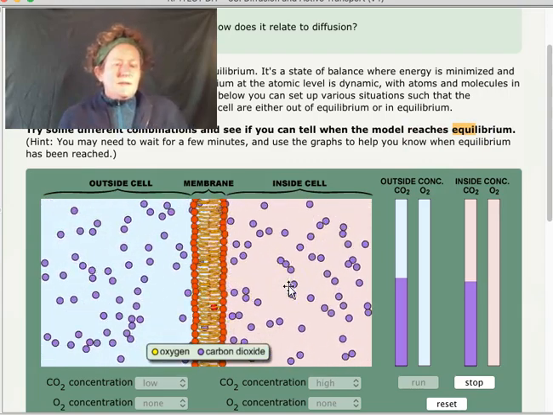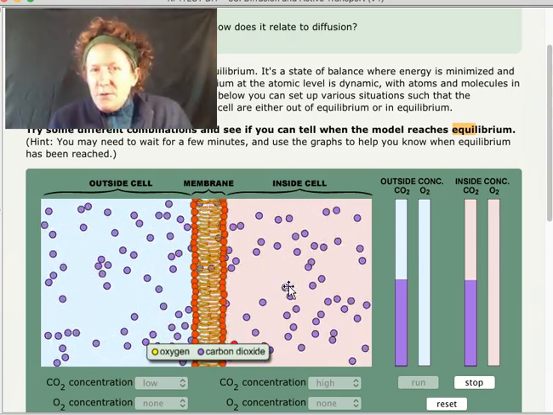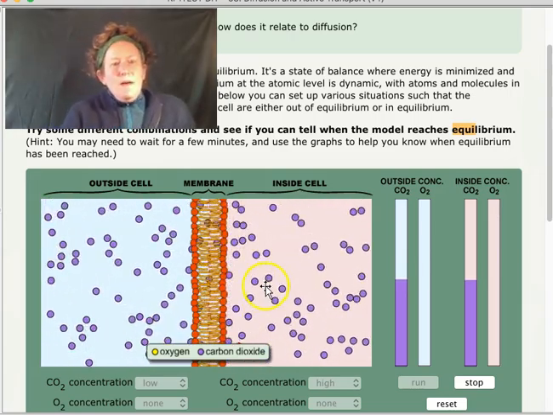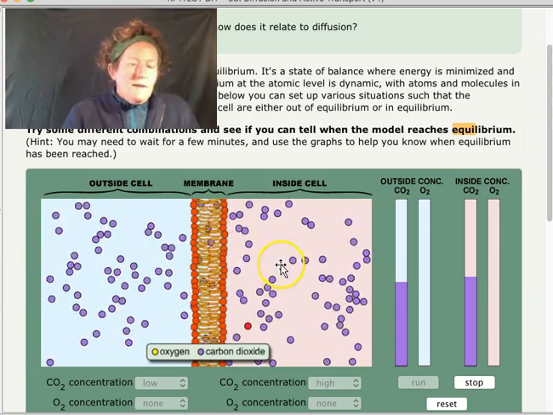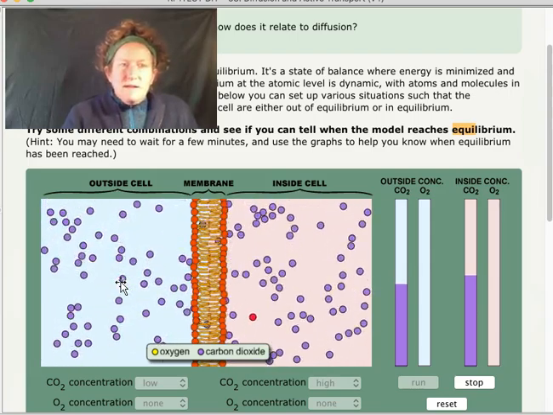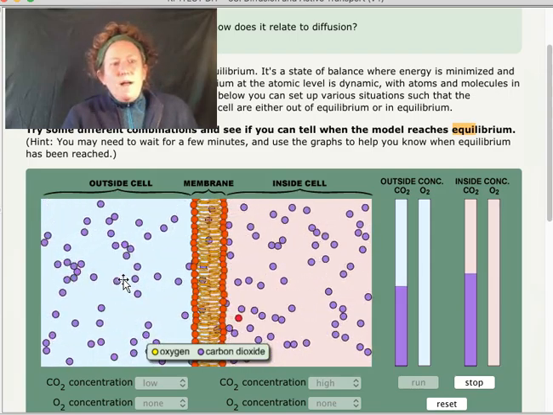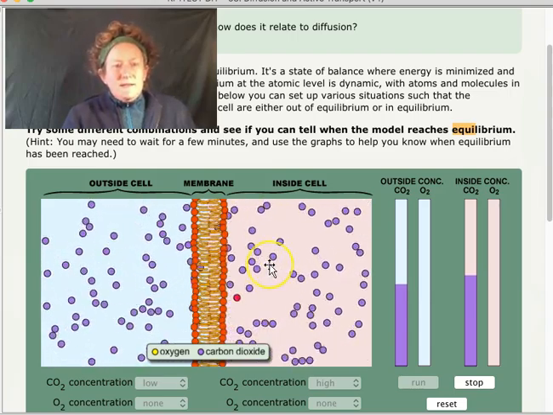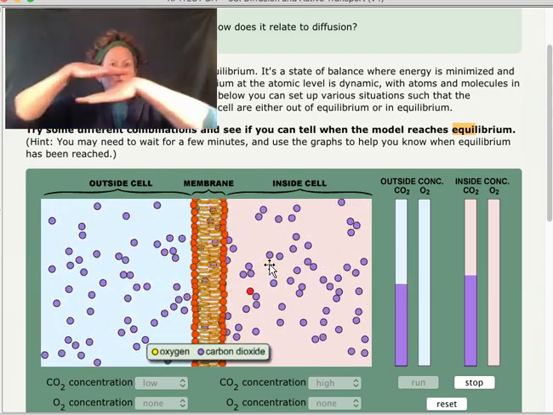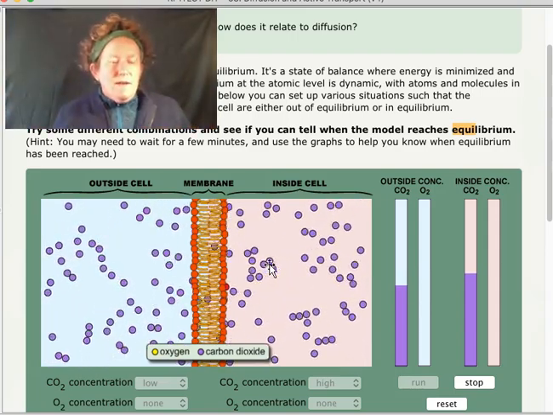And that doesn't mean that the molecules stop moving. It means the number of molecules moving from inside the cell to outside the cell is equal to the number of molecules moving from outside to inside, so that the rate they're moving in different directions is even.